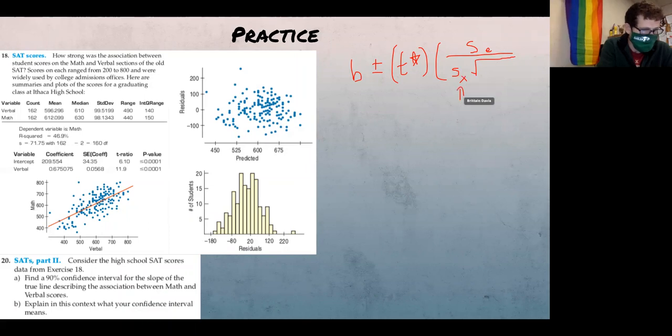Standard error of our x values times the square root of n minus 1. Okay. And they give us some numbers here. Let's make sure this turns out right.